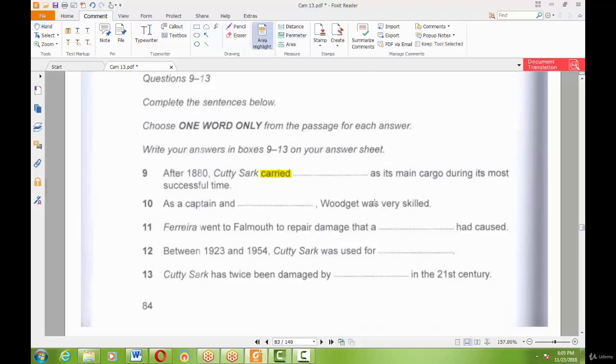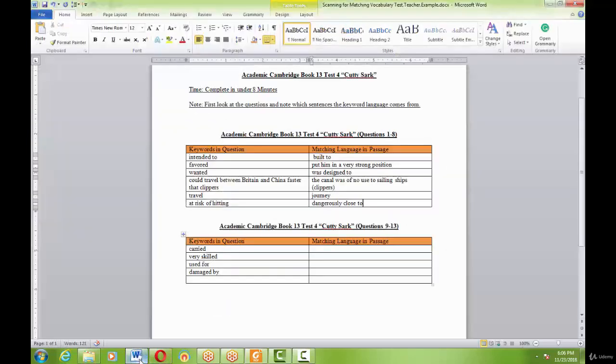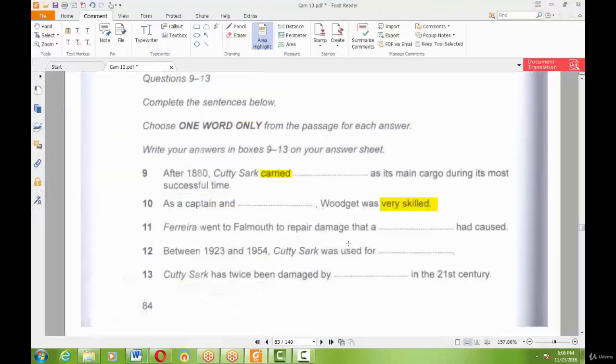We're going to find synonym language for very skilled, because whatever this answer is connected to very skilled. What else are we looking for? Used for. Okay, used for and damaged by.